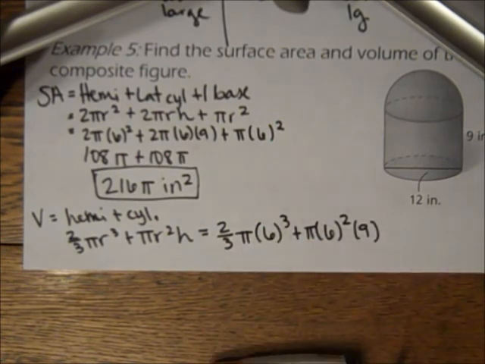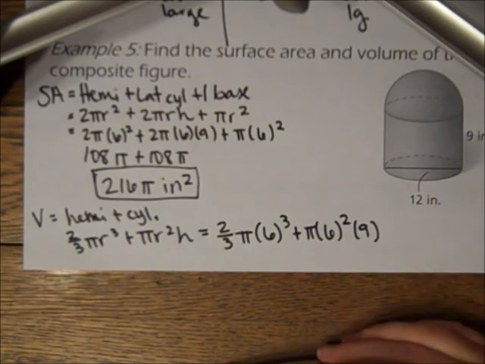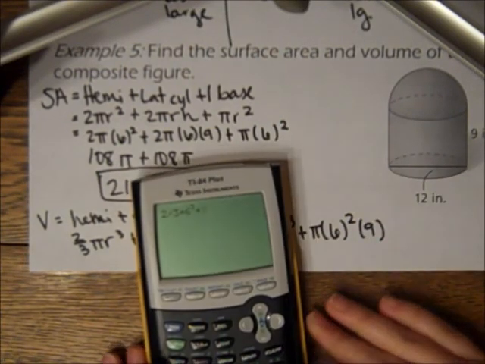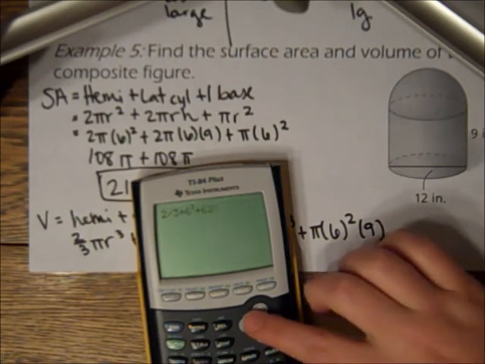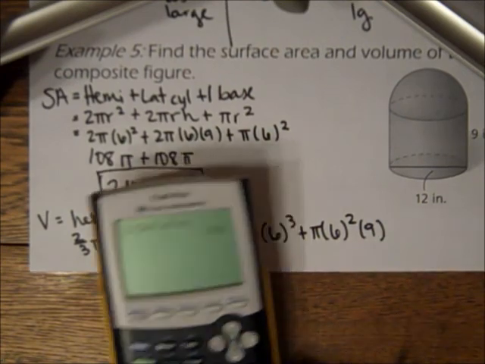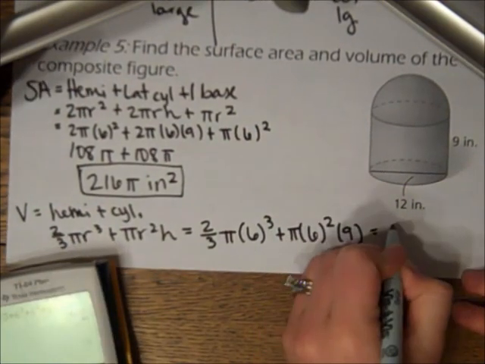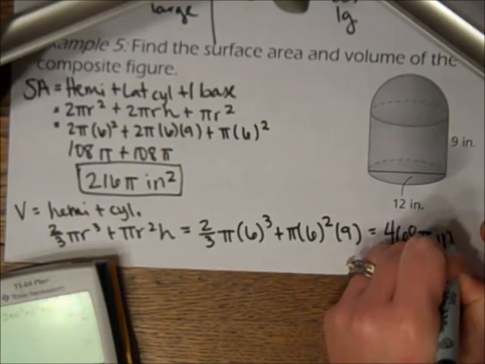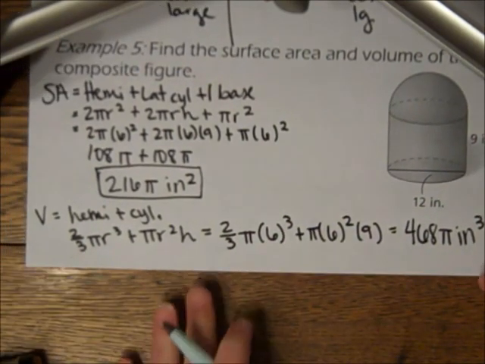So I'm going to put all of this all the way across, just omitting the pi's. So 2/3 times 6 cubed plus 6 squared times 9. And that gives me 468 pi inches cubed.